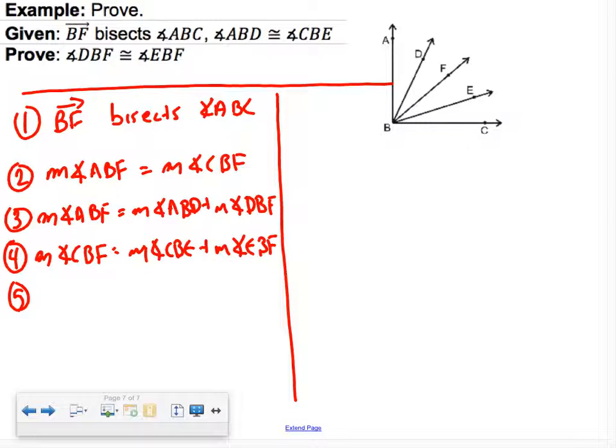Line 5, here's where it gets really long. The measure of angle ABD plus the measure of angle DBF equals the measure of angle CBE plus the measure of angle EBF.